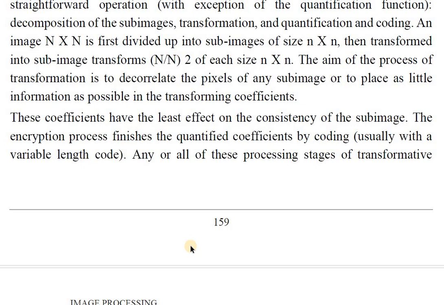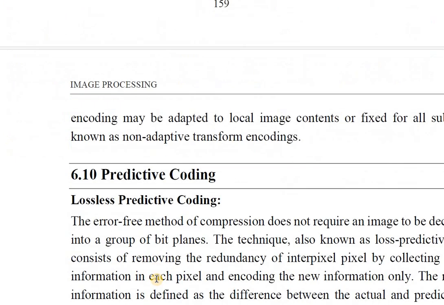Only then we will get small coefficients. If there is correlation between the pixels, जैसे पूरे image के pixels में correlation होता है, correct? So we don't want that correlation, because if that correlation is there, the coefficients will be of higher length, and we want to limit that. Okay, so to decorrelate the pixels of any sub image, that is the reason for dividing into sub images.